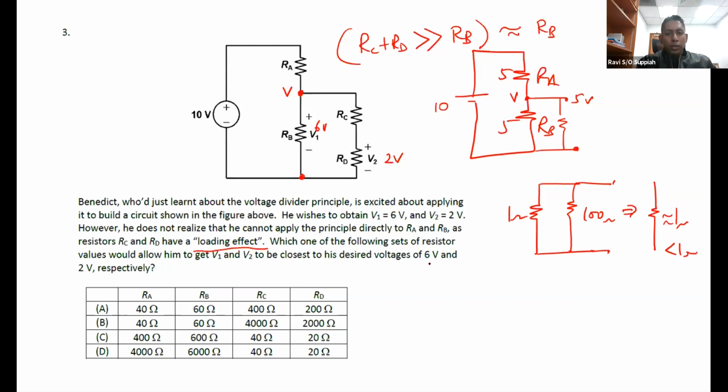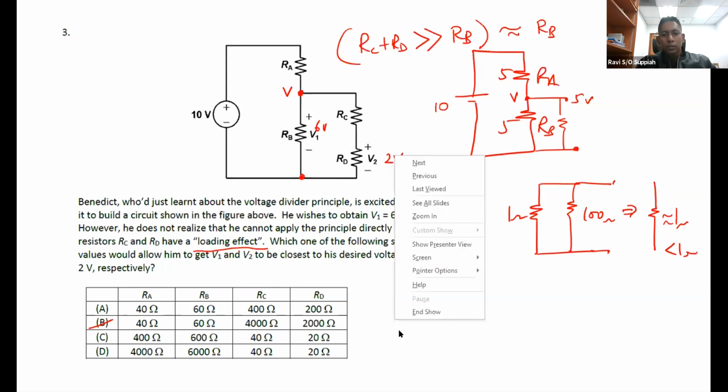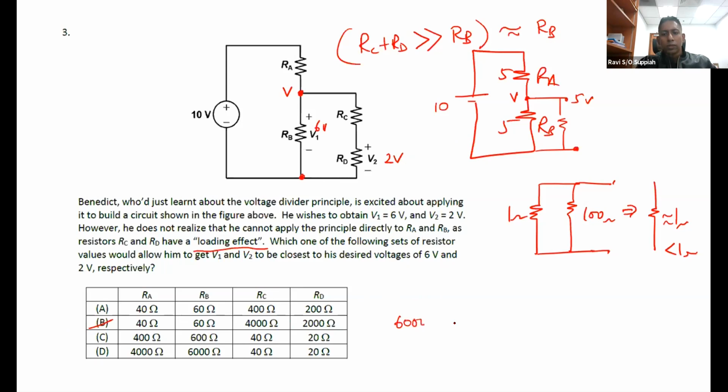All right, so the only combination where you can see that happening is in combination B over here, where RC plus RD is much larger than RB. Okay, so 6,000 ohm is much bigger than 60 ohm, which means that when I look at the combined resistance, it's going to be approximately 60.